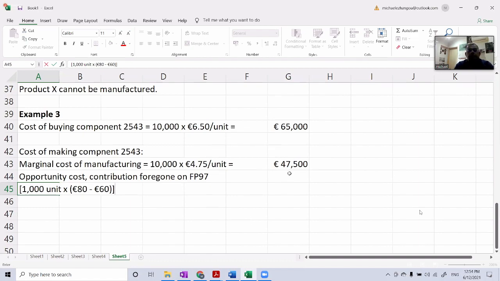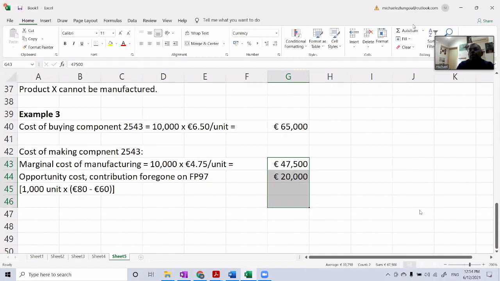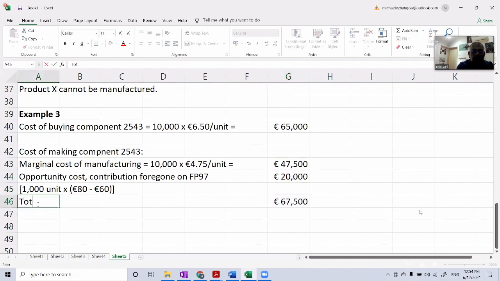Okay, so that would be 20,000. And total cost of making component 2543.